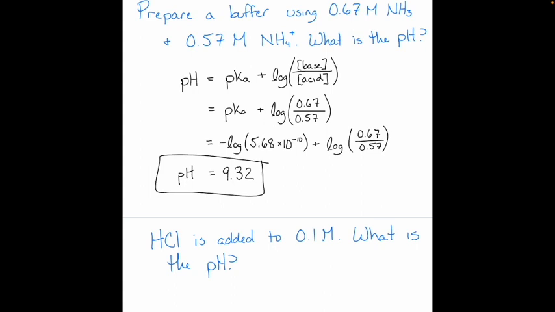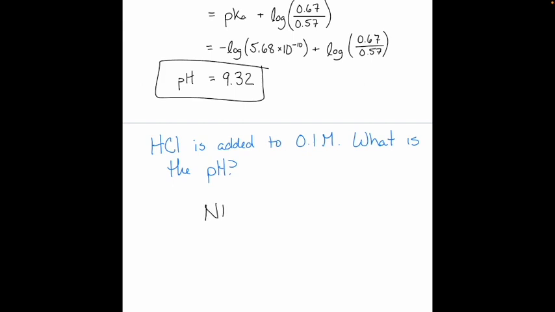Well, we've got to figure out what our acid is going to be reacting with. There's a mixture in this solution of NH3 and ammonium, right? We need to ask ourselves, which will react with the HCl?